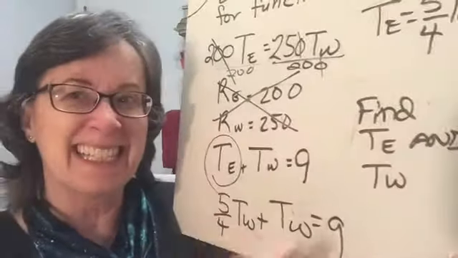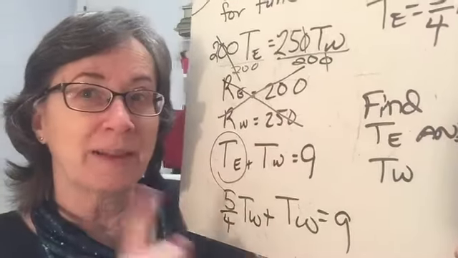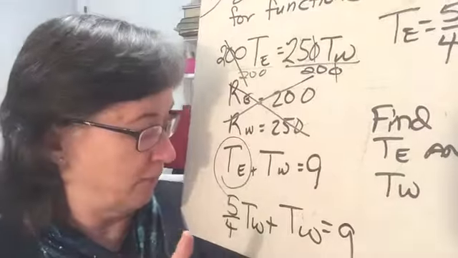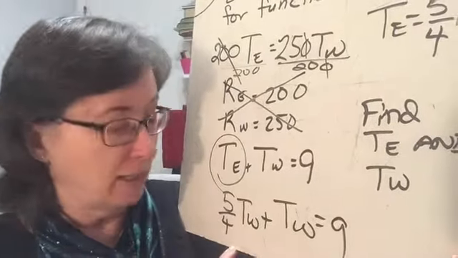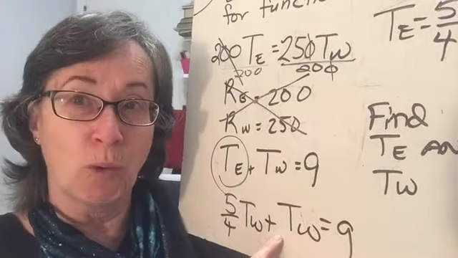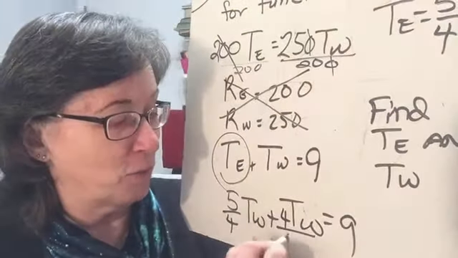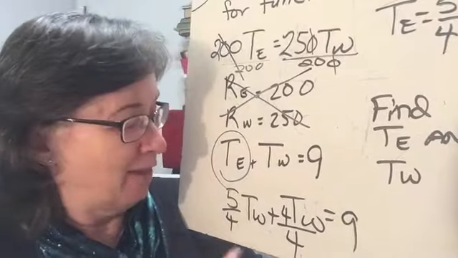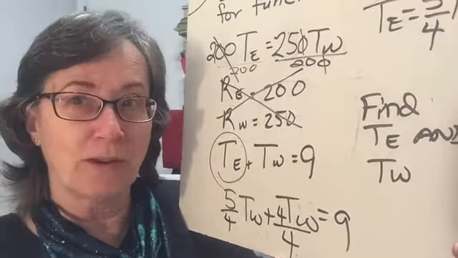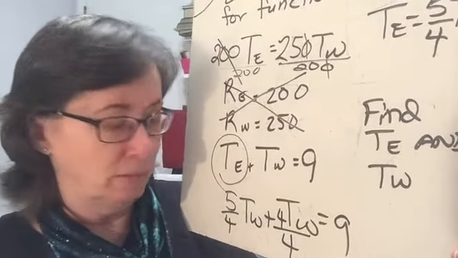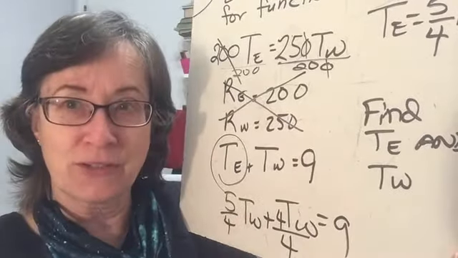So we have condensed everything to one equation, but there's only one unknown now. So 5/4, and then can we just change this 1 to 4/4? So 4/4, because that's the same as 1. 5/4 plus 4/4 T sub W is 9/4 T sub W.